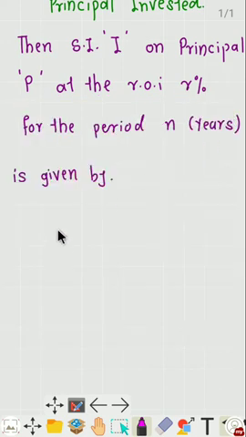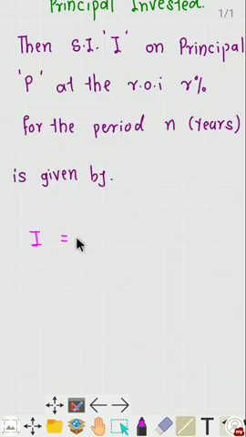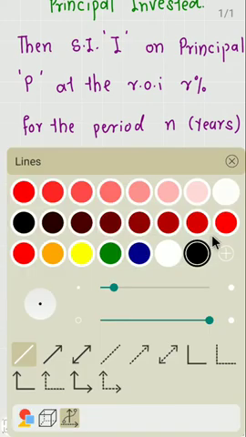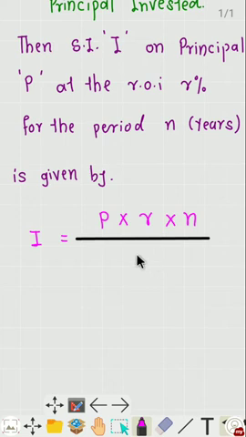So simple interest I is equal to principal into rate of interest into number of years divided by 100. Okay, so this is the formula.